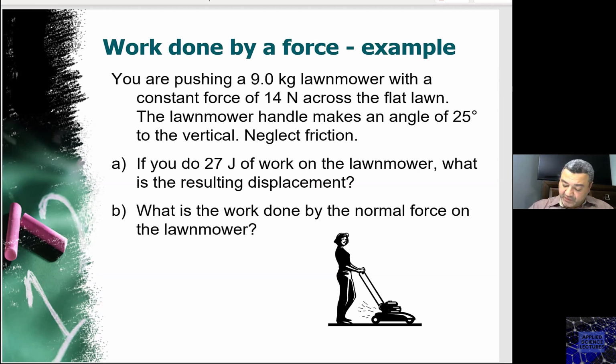So, what do we have here? We have a 9-kilogram lawnmower and a constant force of 14 Newton across the flat lawn. The lawnmower handle makes an angle of 25 degrees to the vertical. This is the angle.